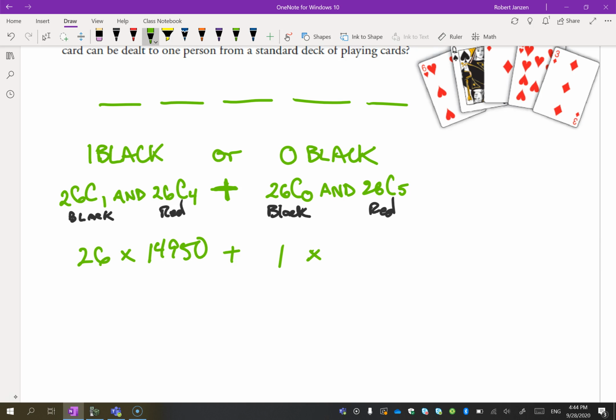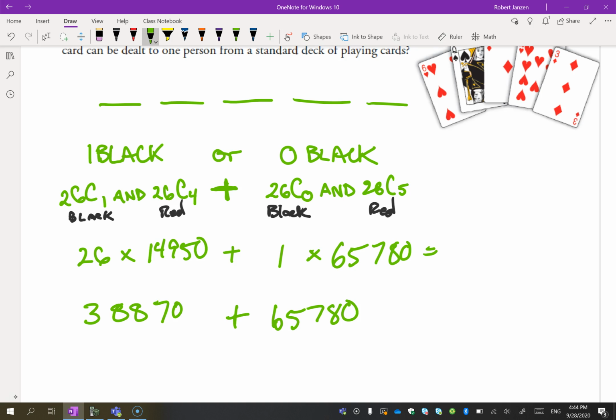And 26 choose 5. So this is going to be 26 times 14,950. So, yeah, there's quite a few possibilities.